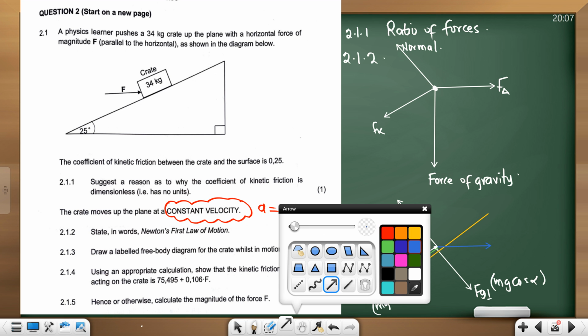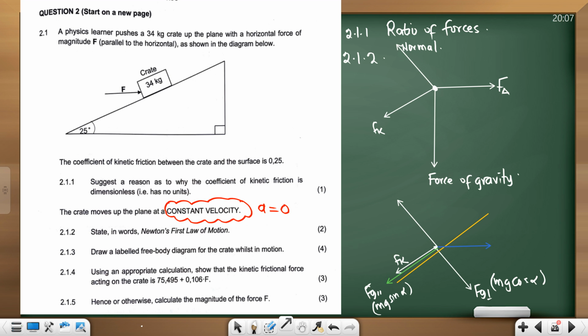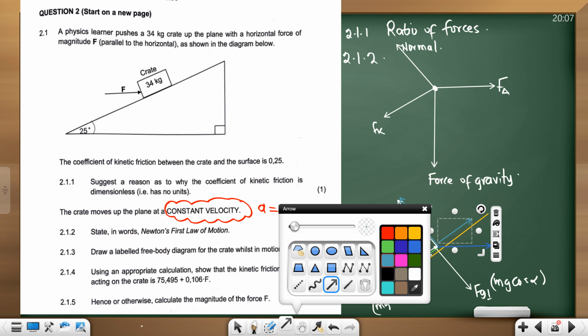Vertical means it must come this way. All right, very tricky. And horizontal. Okay, let's go to the diagram and try to resolve it.